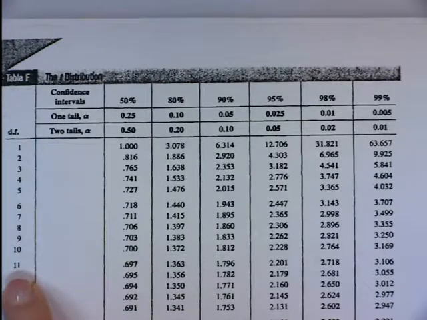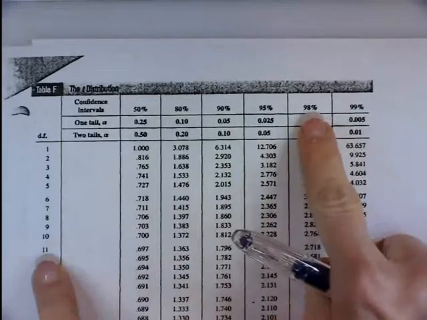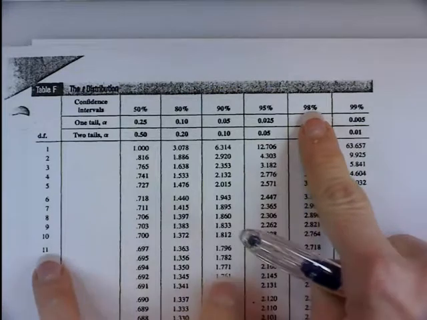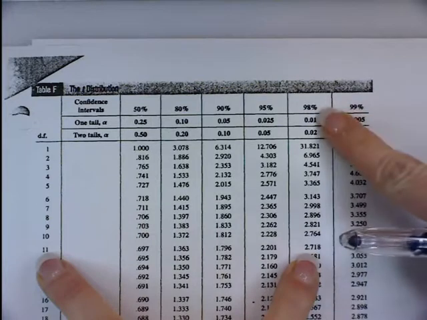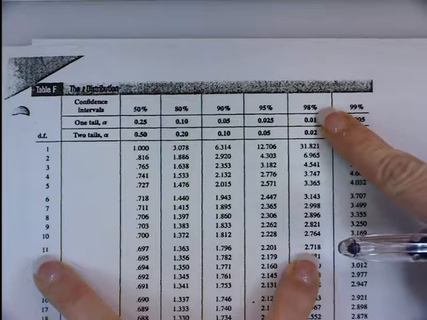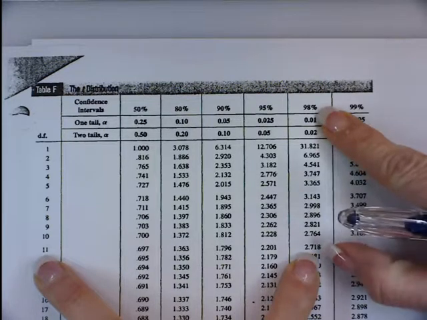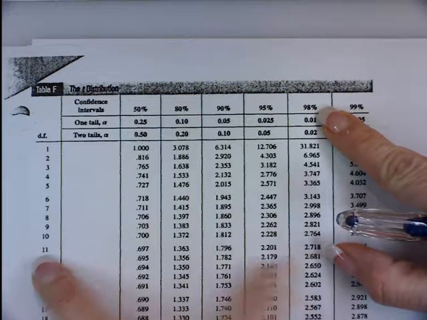So 12 golfers, go to row 11, not row 12, and then column 98%. That's our degree of confidence. Your two fingers meet at 2.718. Don't go to row 12, go to row 11, and column 98%. The t sub c critical value is 2.718. Row 11, not row 12.